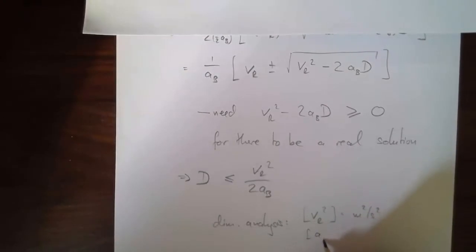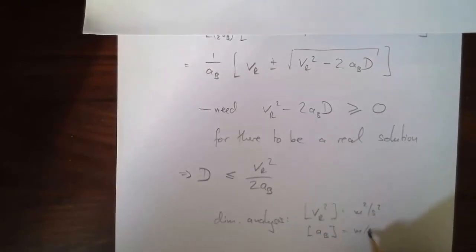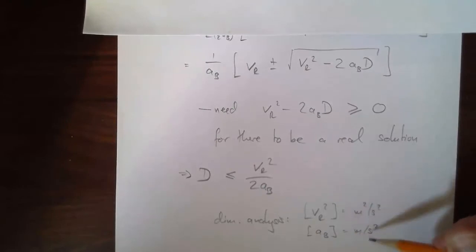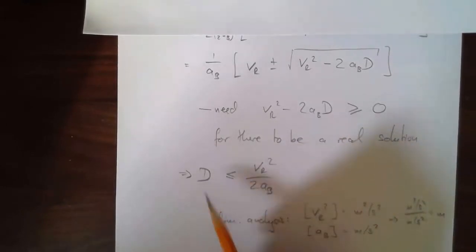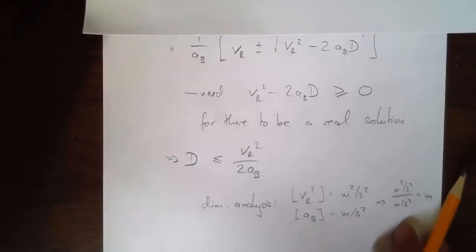We're dividing by the units of the acceleration, that's meters per second squared. So when I divide this by this, the per second squared cancel out, and I am left with just meters. That makes sense, because I want a distance in the end. Dimensional analysis checks out.